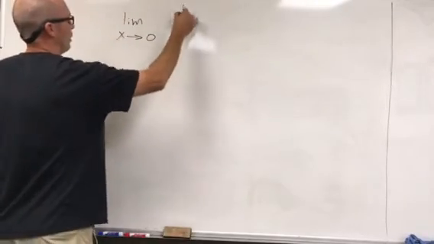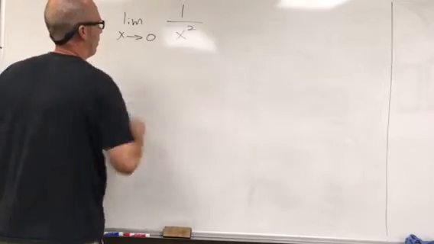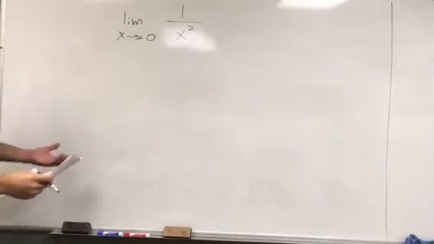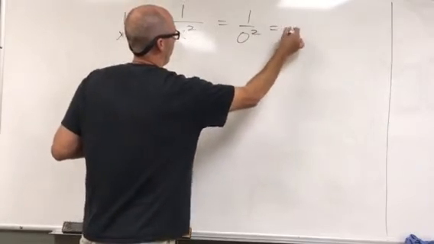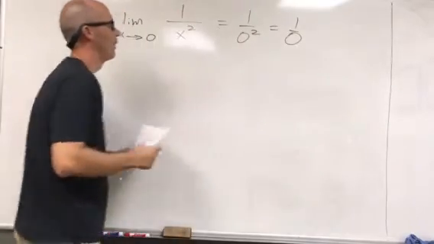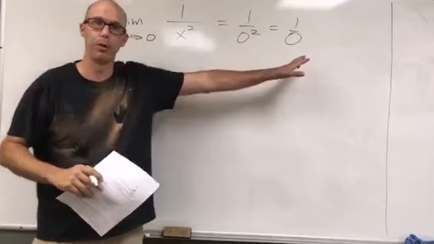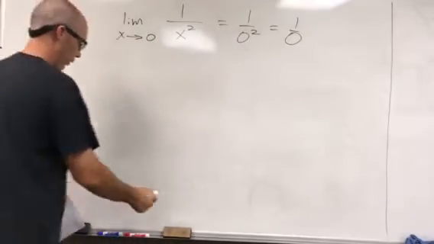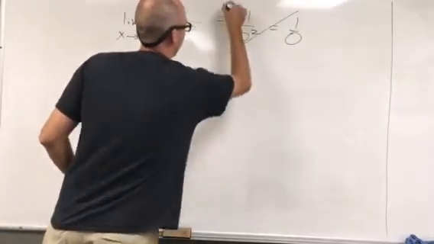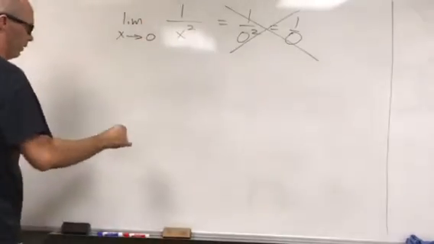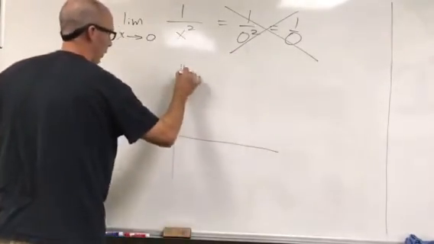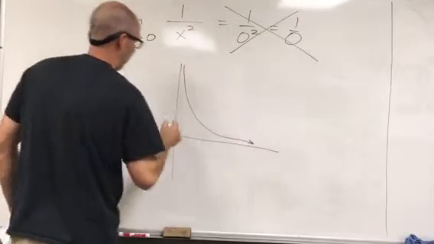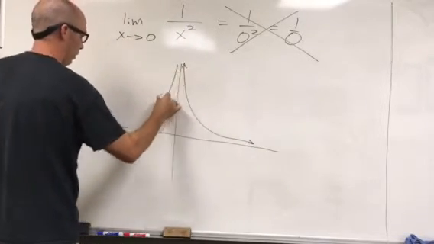Another example, 1 over x squared. First things first, throw the 0 in there. That means we found another asymptote, okay? So let's look at the graph. 1 over x squared looks like this.